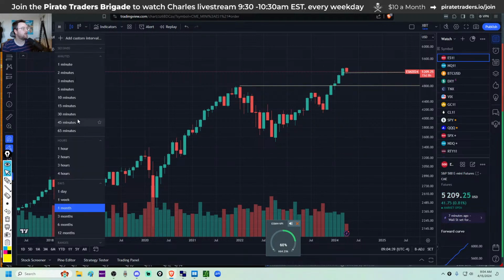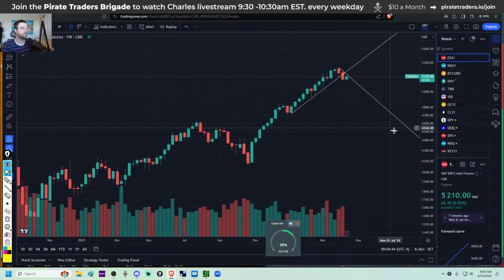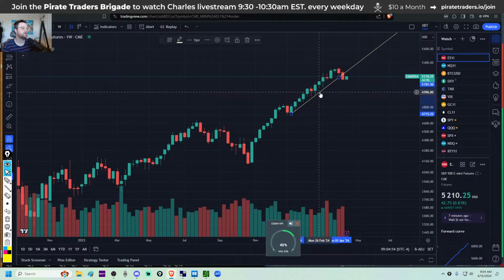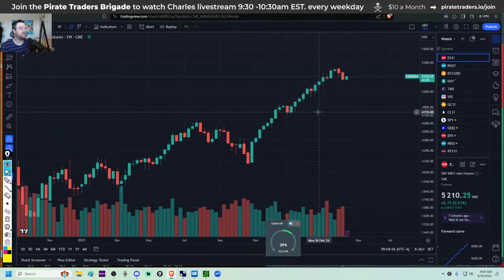Let's zoom in and take a look at the weekly time frame. So we are seeing on the weekly time frame that the market has rolled over.